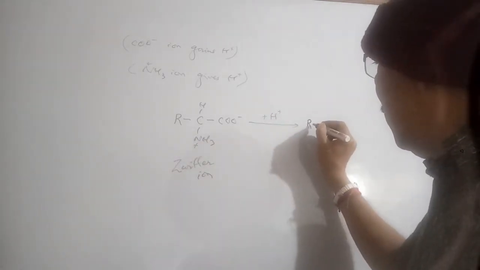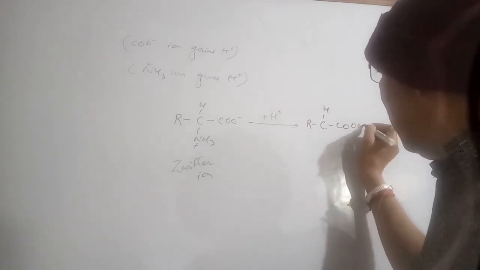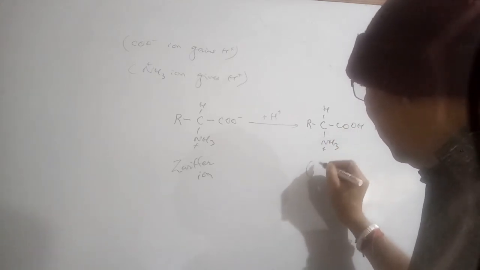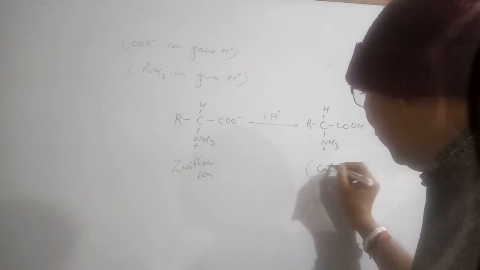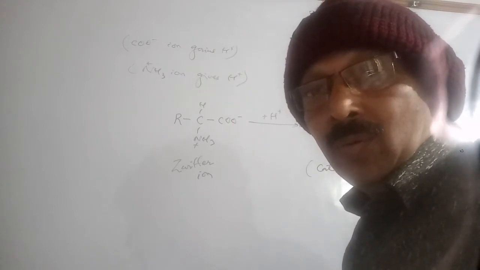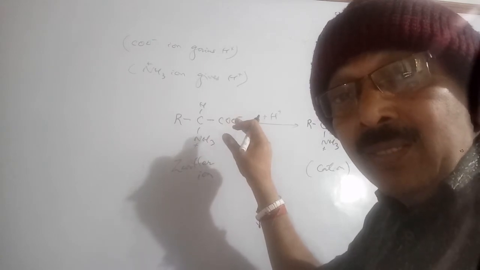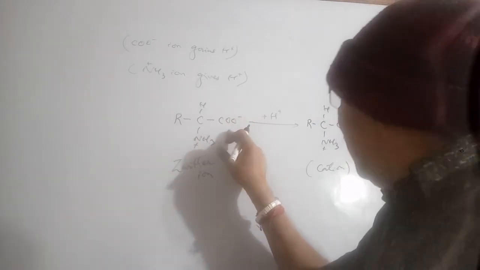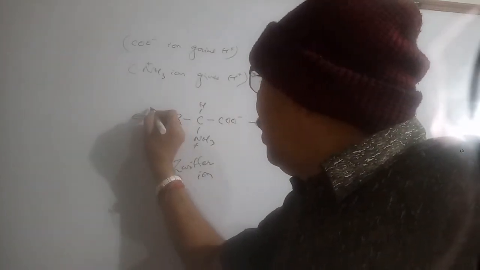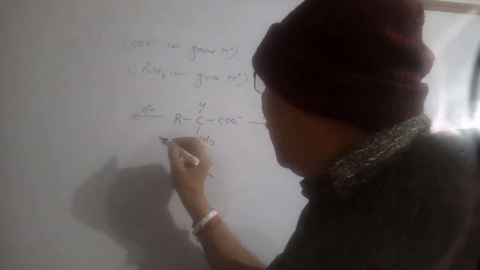So it will be R, C, H, COOH, NH3+, which is a cation. This one gains a proton which is lost by an acid, so here it is acting as a base to form a cation. And here it is minus H+. Then what will happen?